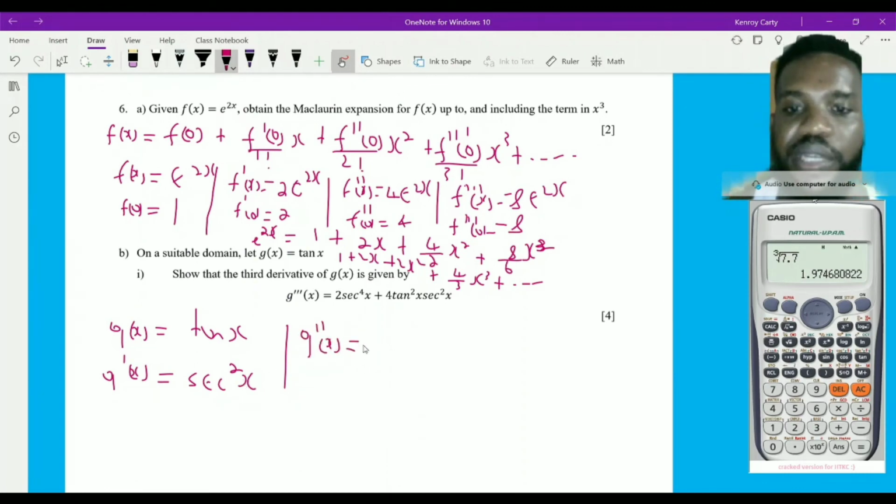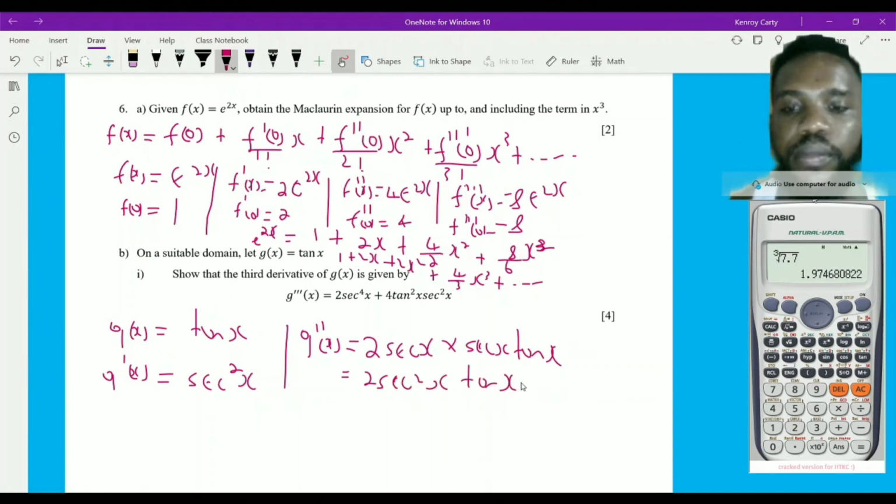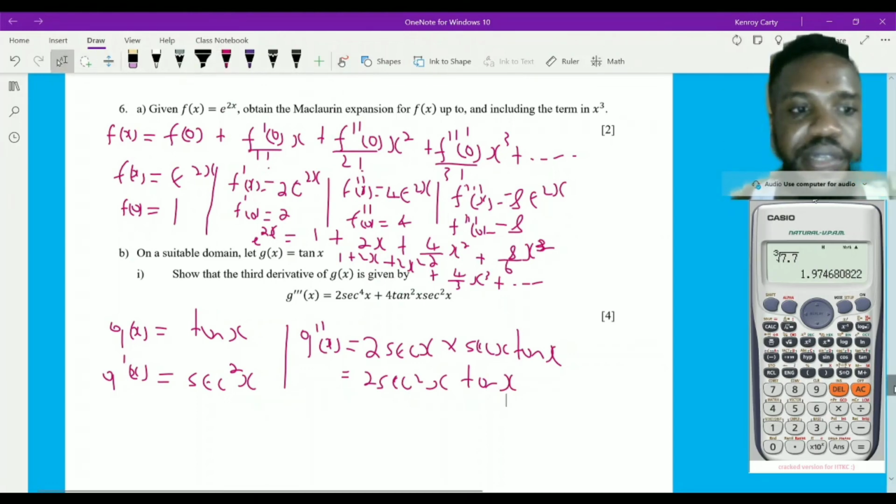So I'm applying the chain rule here, which means I bring the power to the front. Power is 2. I subtract 1 from the power, so I'm going to have sec x, and I multiply by the differential of sec x, which is going to be sec x tan x. Alright, this is really what? 2 sec squared x tan x. Alright, let's take this down some more, because I'm going to have to differentiate this again.